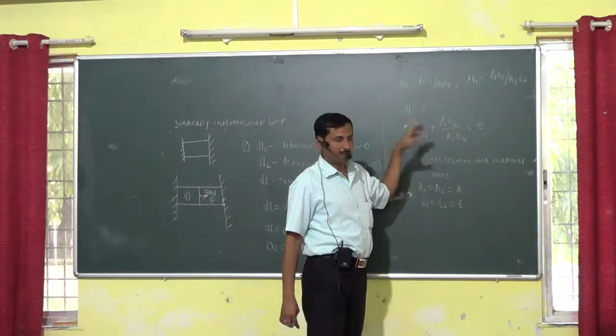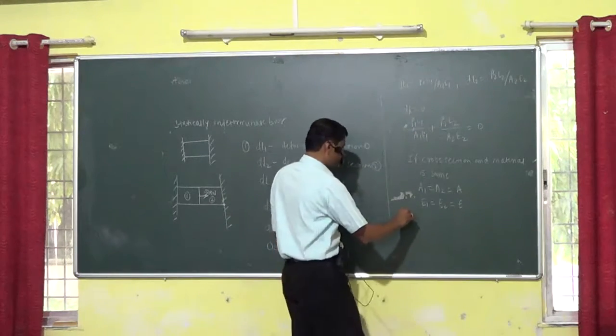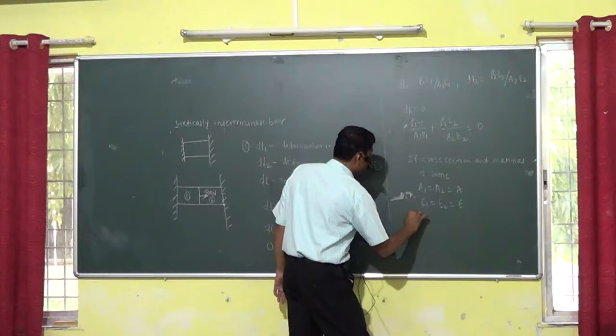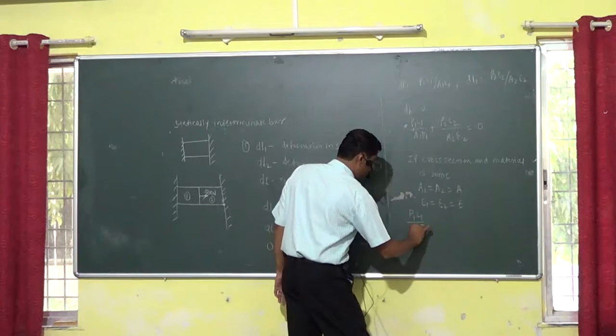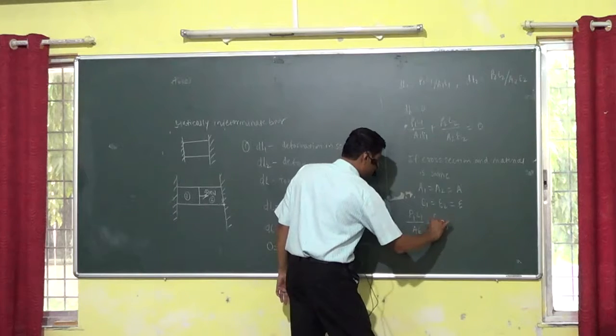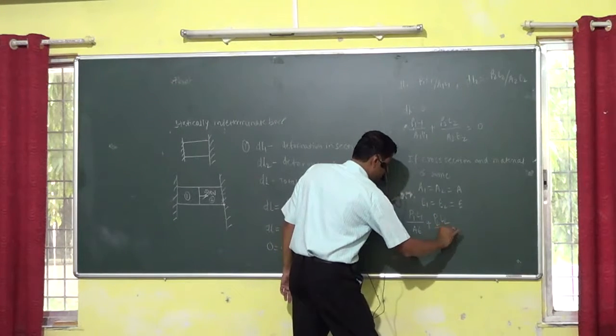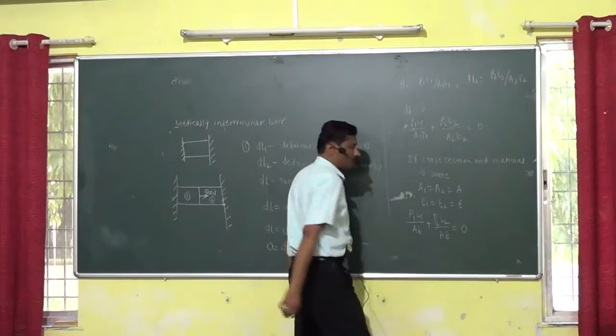If we take AE common, then this will become P1 L1 upon AE plus P2 L2 upon AE equal to 0.